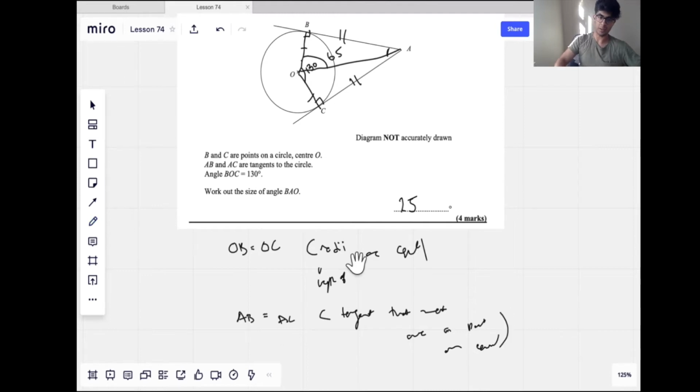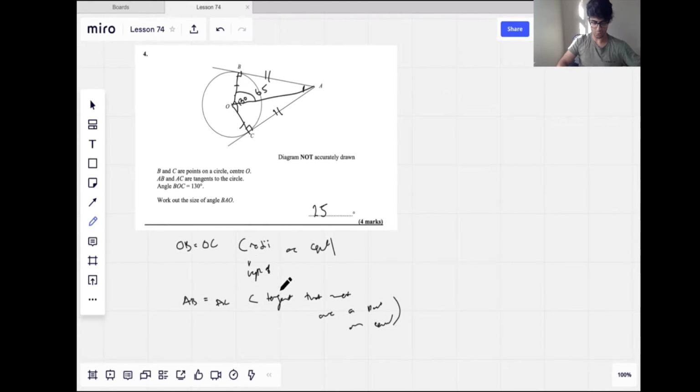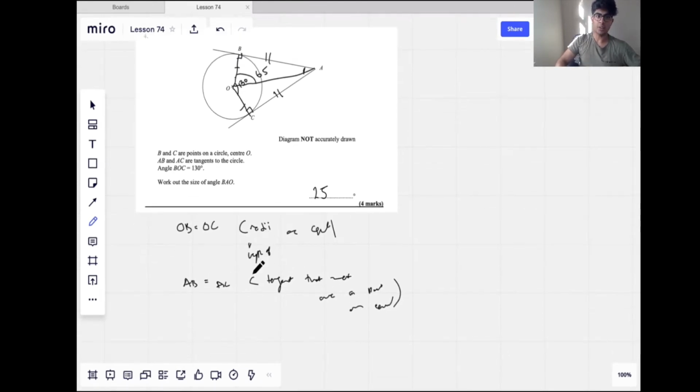Sorry, I'm writing a bit quickly to save some time, so you're not just sitting here watching me write stuff out. We have AB equal to AC, and we also have angle OBA equal to angle OCA, since radii meet tangents at 90 degrees.